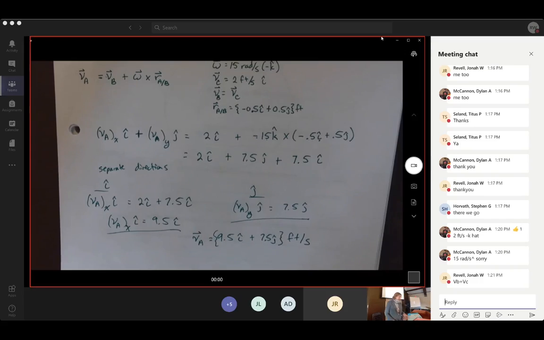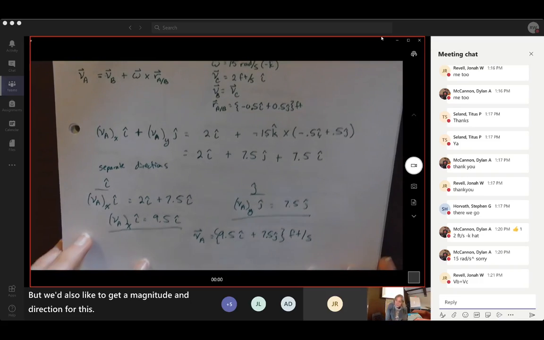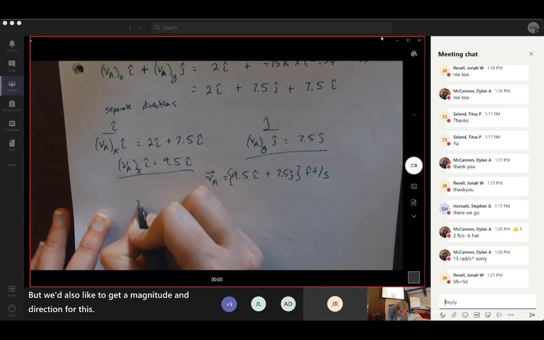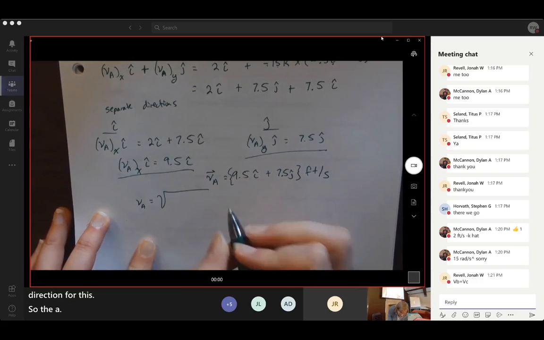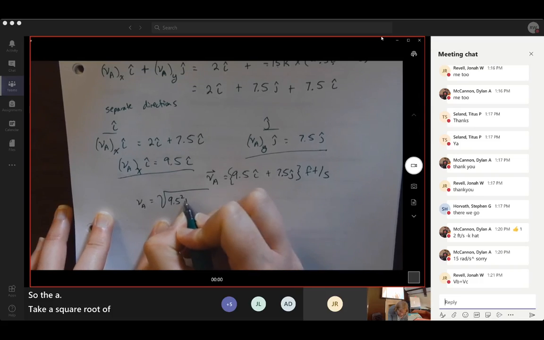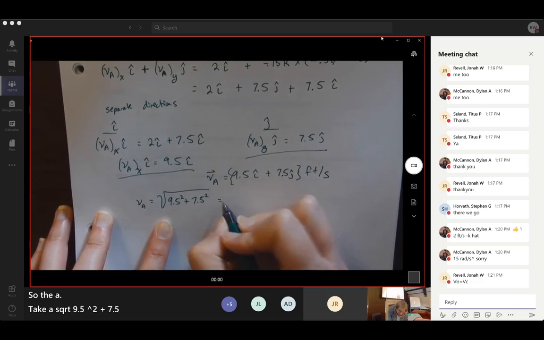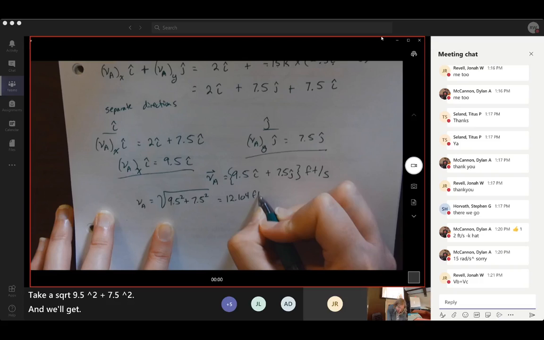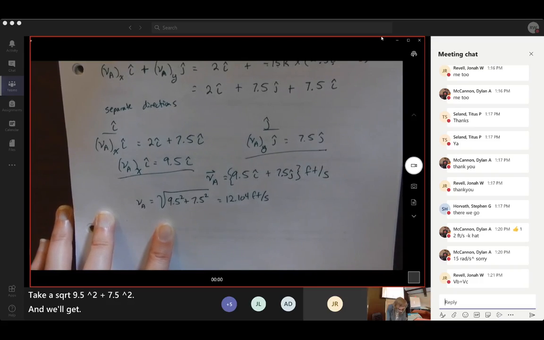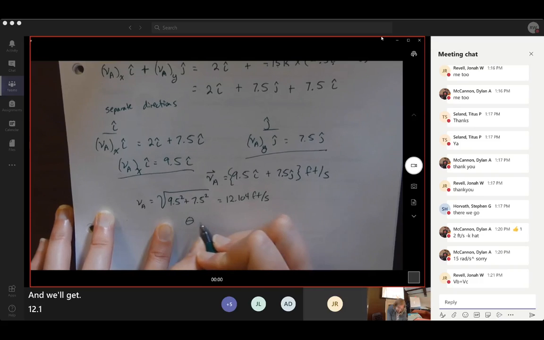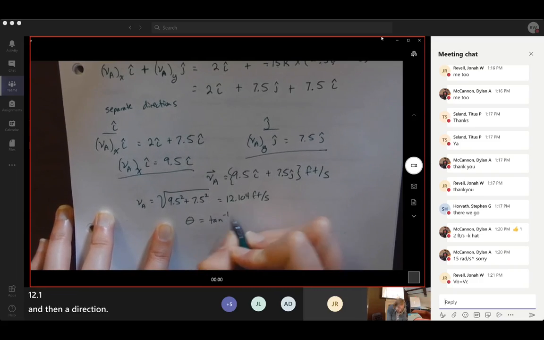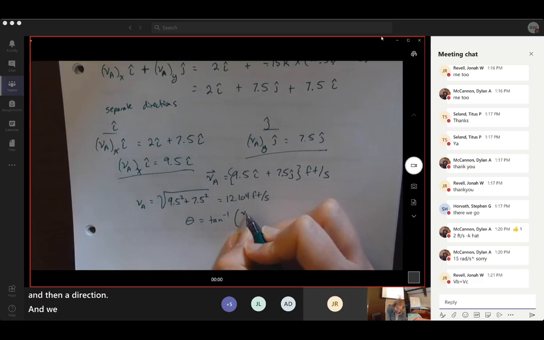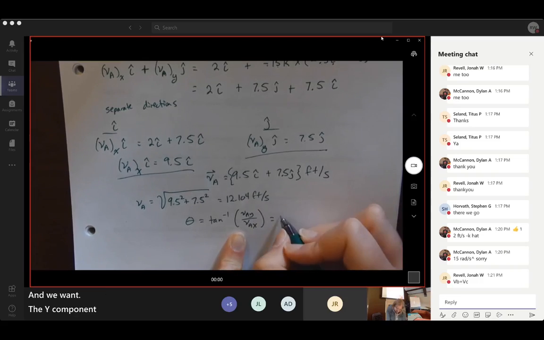But we'd also like to get magnitude and direction for this. So VA, take a square root of 9.5 squared plus 7.5 squared, and we'll get 12.1. And then a direction. And we want the y component divided by the x component.